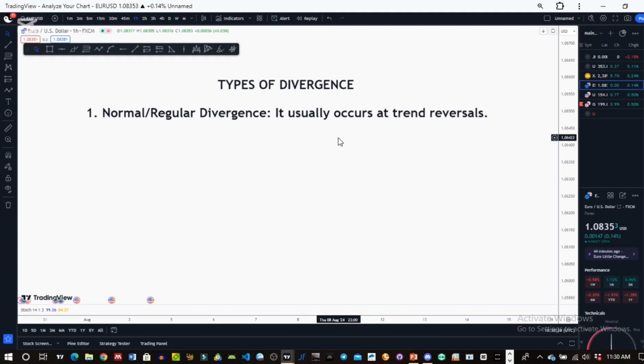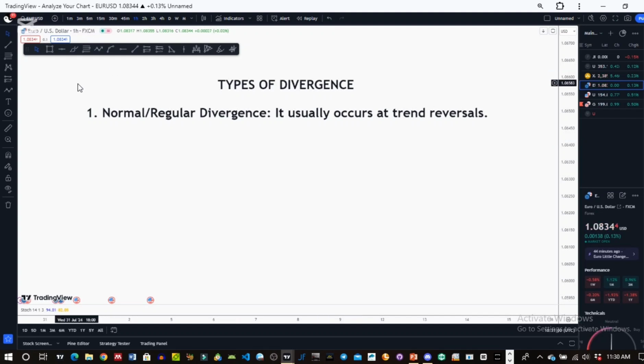We have first the normal or regular divergence, and this occurs at trend reversals. For the normal or regular divergence, you could either have the normal bullish divergence and the normal bearish divergence. All right. And each of these have their own meaning.